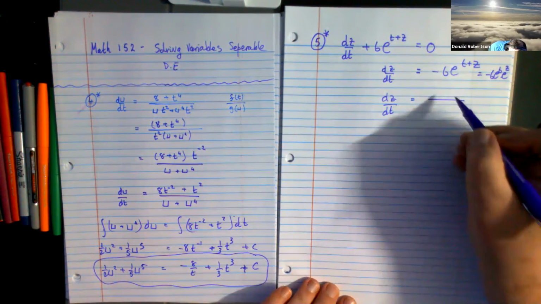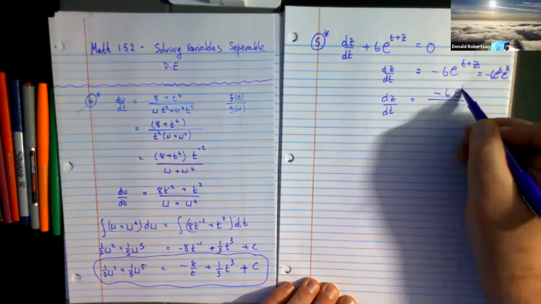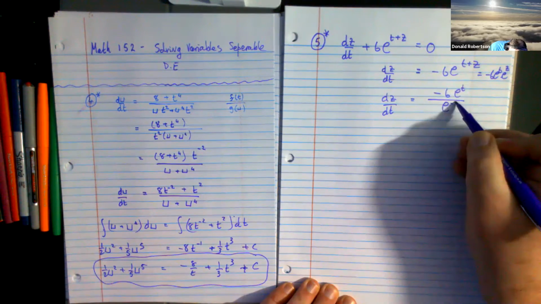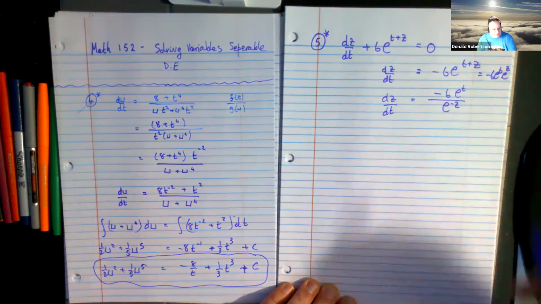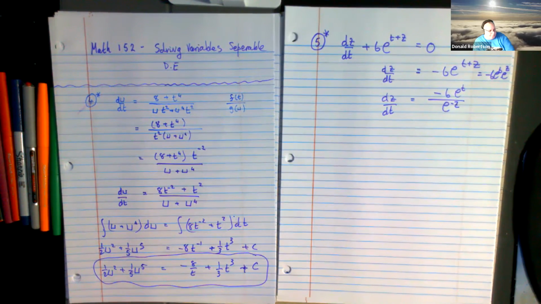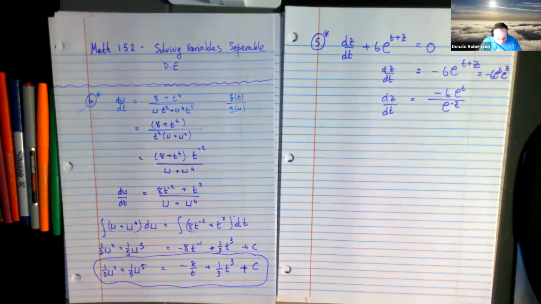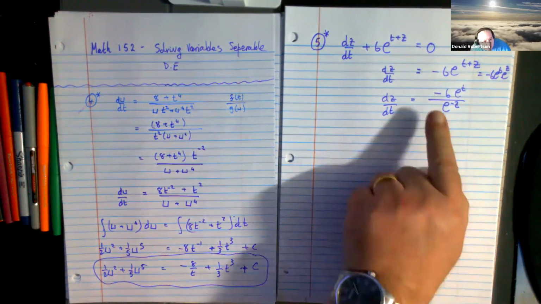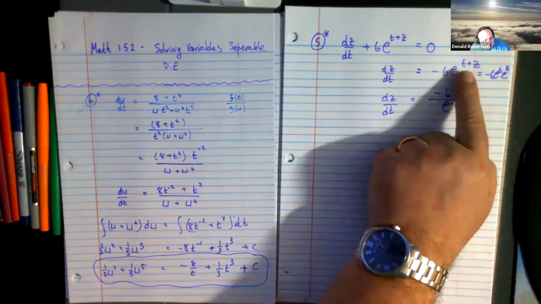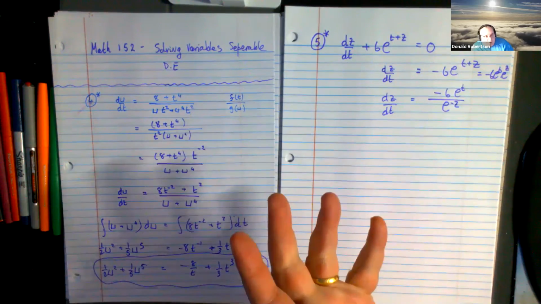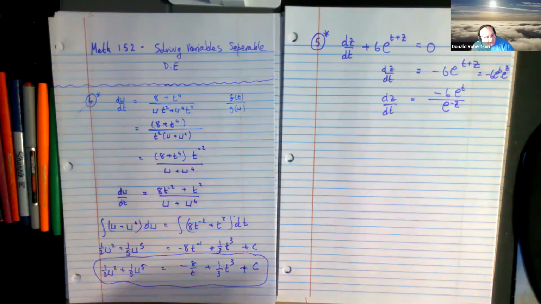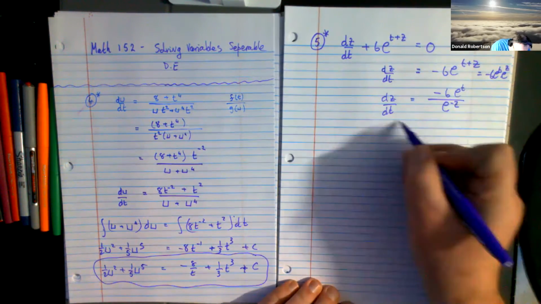And if you think of it like that, can you see you can now separate them? Are you comfortable about e to the t plus c? It's a bit like what? E to the power of a plus b can be written as e to the a times e to the b. It's that property that I'm using. Now we are in the right format.